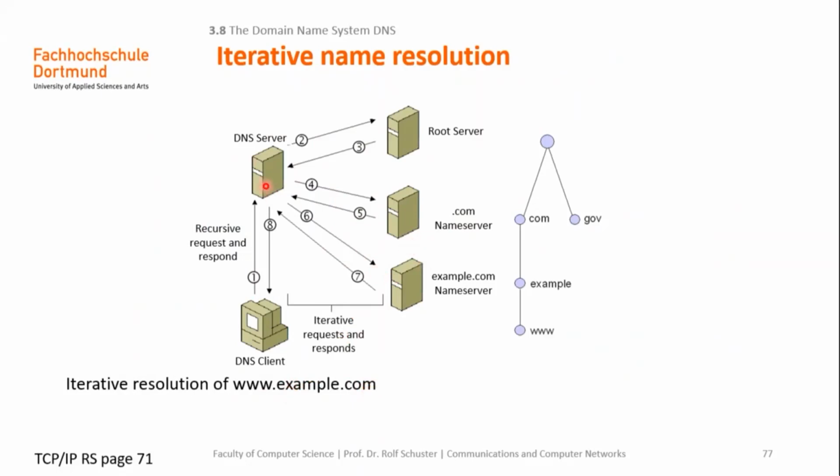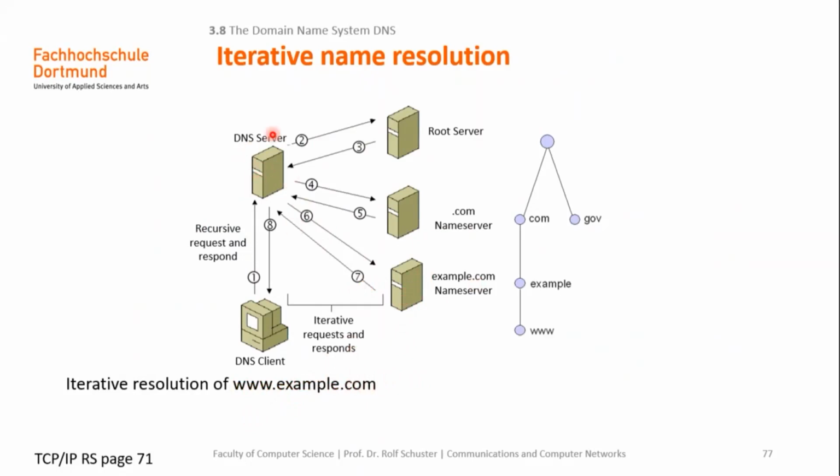Then this local DNS server will query for the resource record type A associated with this FQDN to this name server, and finally this name server, which is authoritative over this zone, will answer with the resource record A associated with this FQDN.